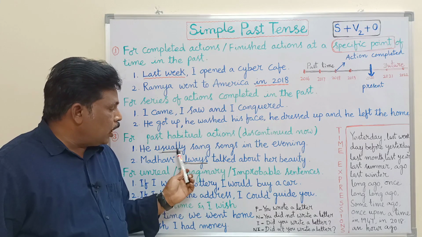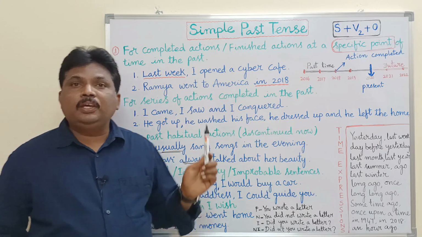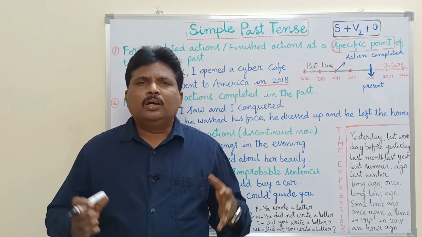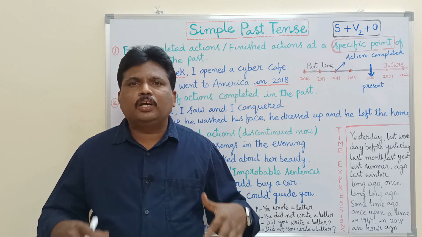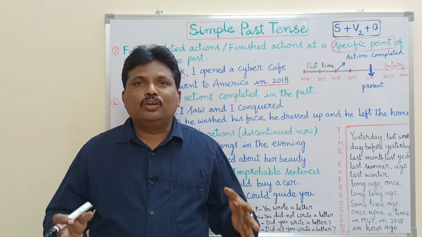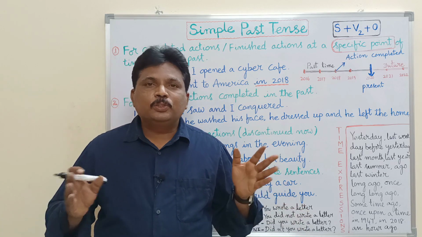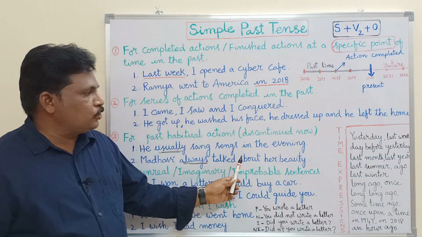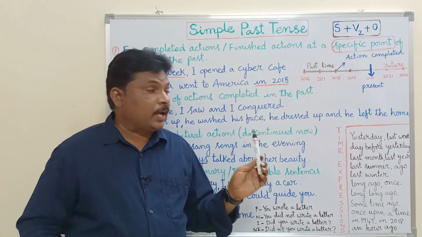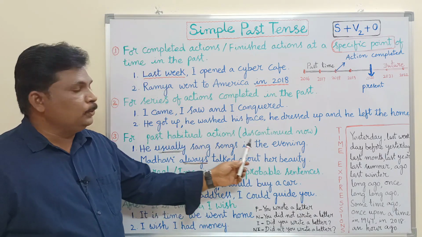Here the character Madhavi kept on talking about her beauty when she was a college student or something. So this is the third usage, where past habitual actions are used.